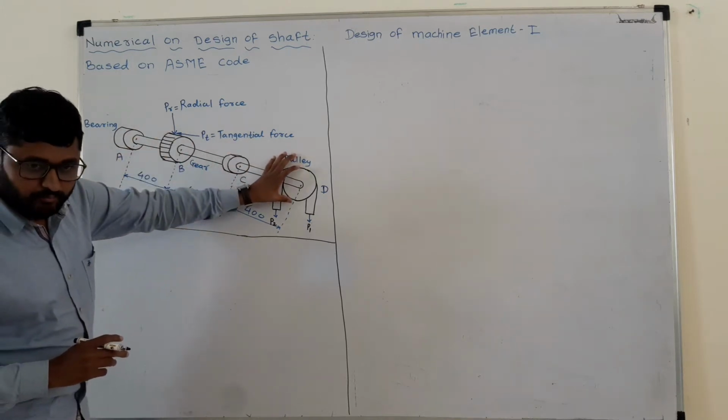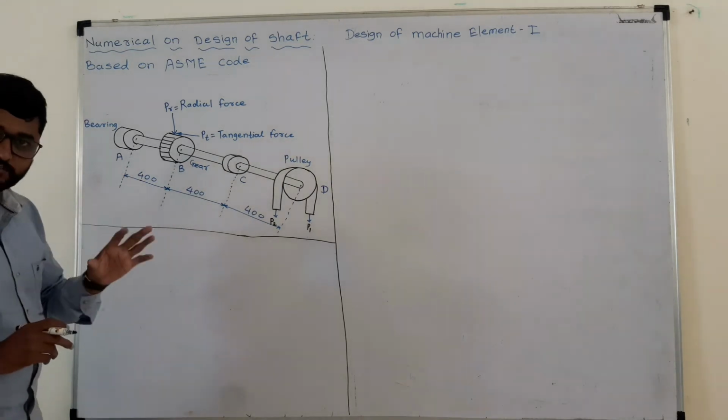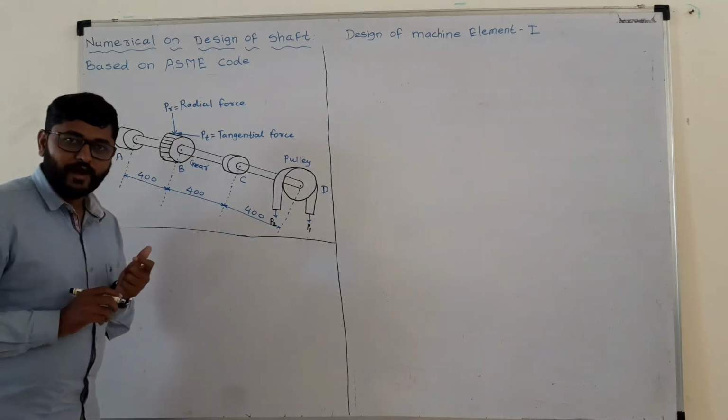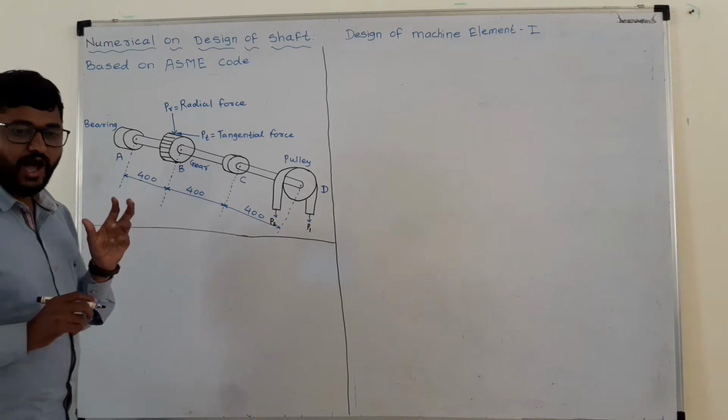In this numerical, the pitch circle diameter of the gear is given, and the diameter of the pulley is also given. The pulley transmits a power of 20 kilowatt at a speed of N, that is 500 rpm.